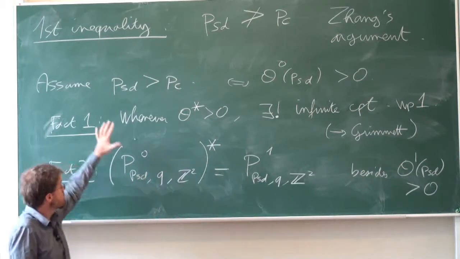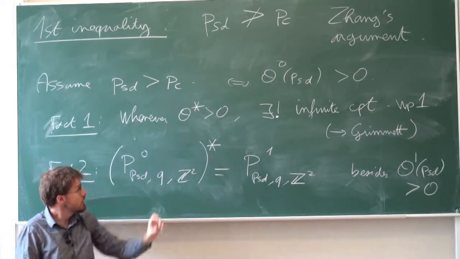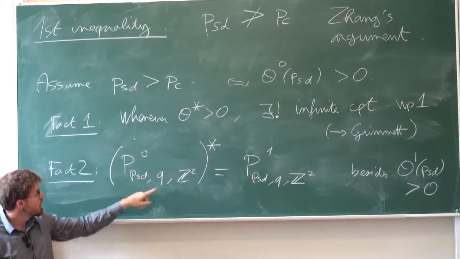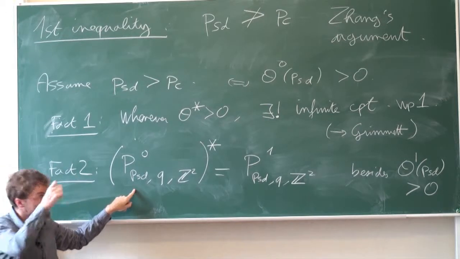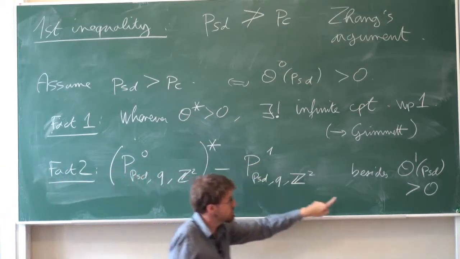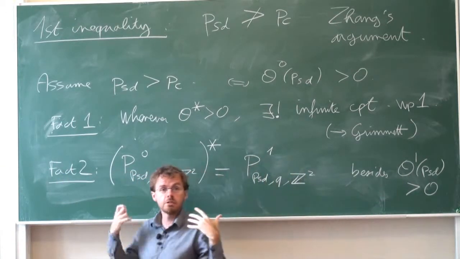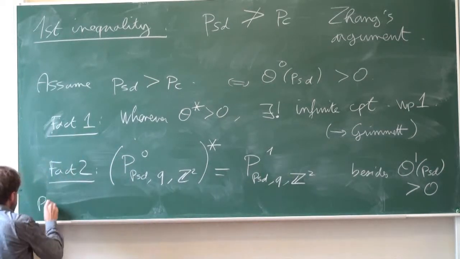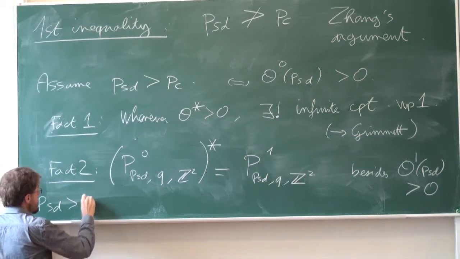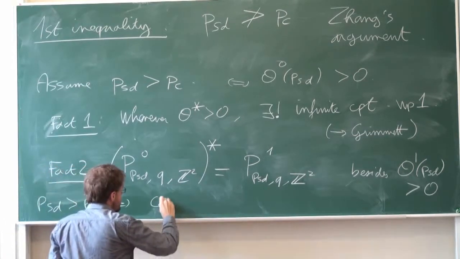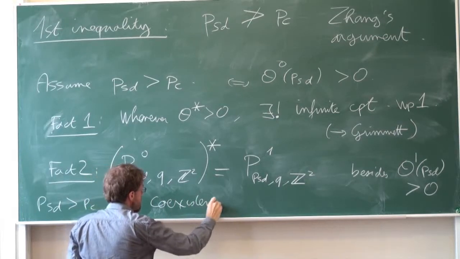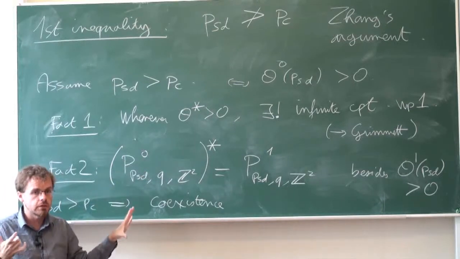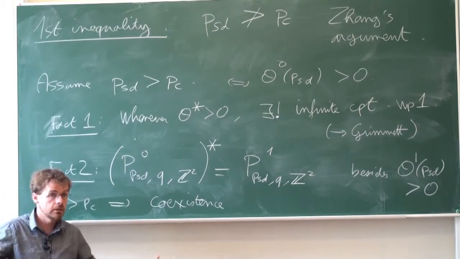So if we start with the assumption that P self-dual is supercritical, we have omega, which is supercritical, so it has an infinite component. And if you look at the dual configuration, it's distributed according to P1, which has positive theta, so it also has a unique infinite component. So this assumption, P self-dual bigger than Pc, implies that there is coexistence of infinite components for the model and for the dual model at the same time in the same lattice.